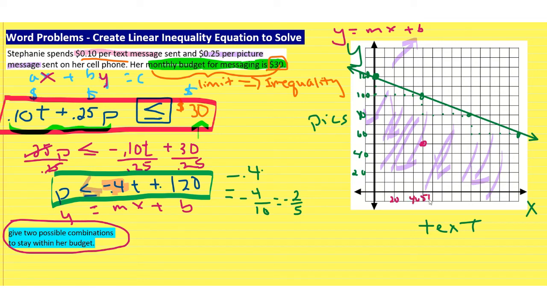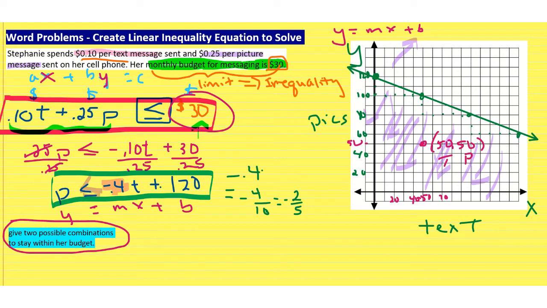That would be 50 right there. 50 and 60 and 70. Okay, so this point right here is 50, and it lines up with 50 over here. 50 and 50. That means that we could send 50 text messages and 50 picture messages, and we would stay under our budget of 30.